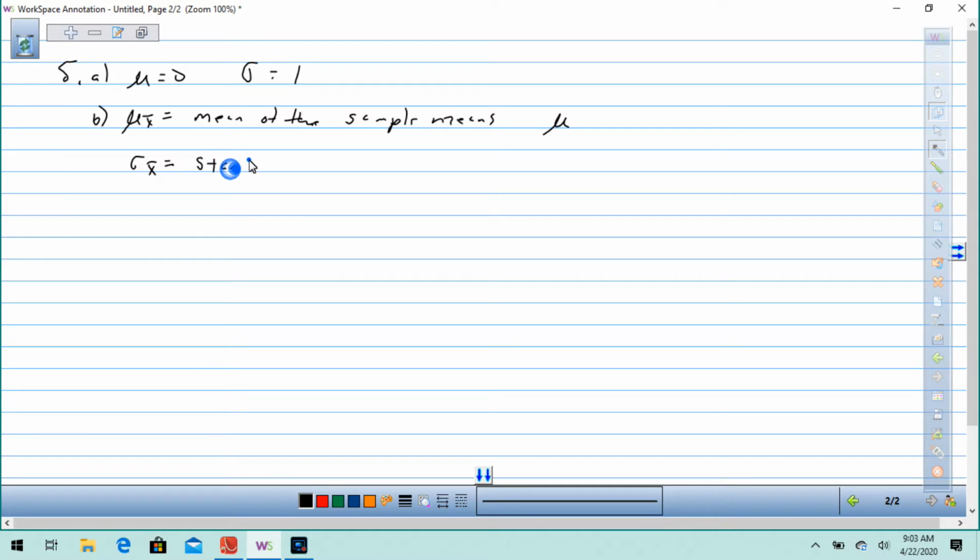Standard deviation of the population, well, actually, sample means. Or of all. Let's see, all.